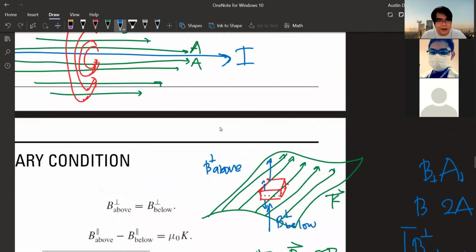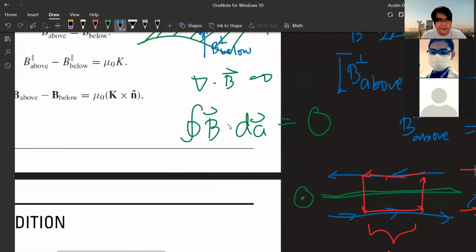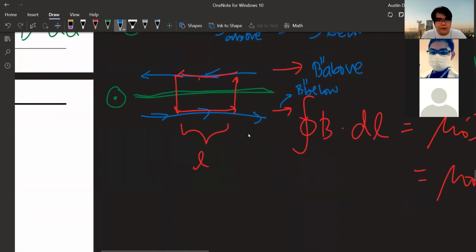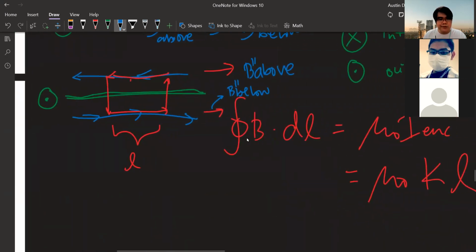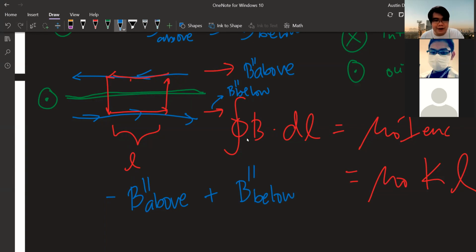Okay. Let's go back. Okay, let's do this. Okay, sa B above, negative. Then, this is that. Then, sa below would be this guy. Okay? And then, that's your magnetic fields.